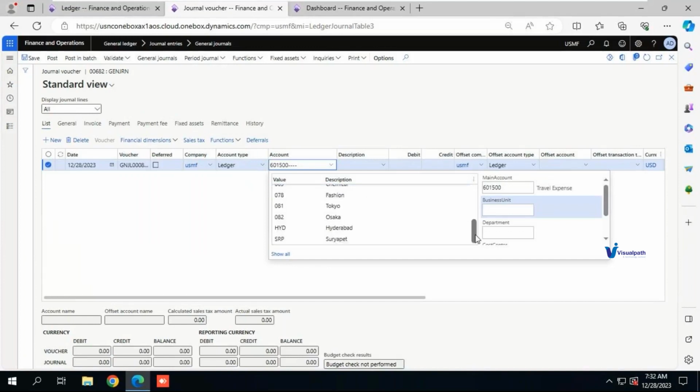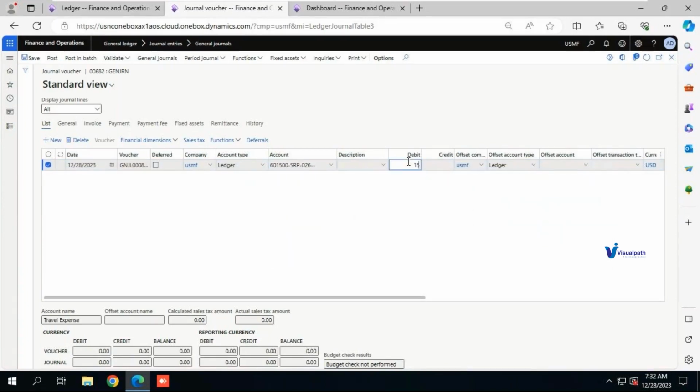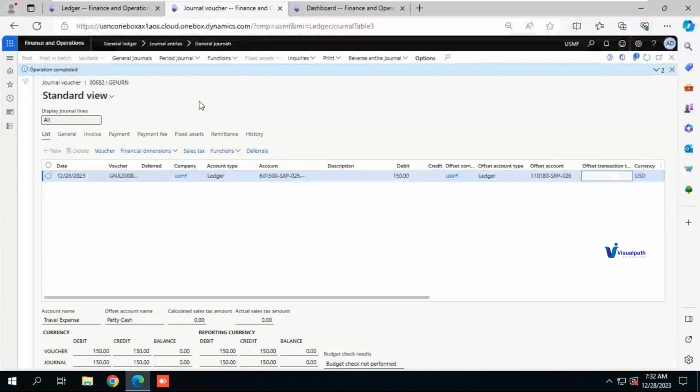Now, Warangal branch, Suryapet branch, and HR department, they utilized this. Okay. Now I have posted 3 transactions.